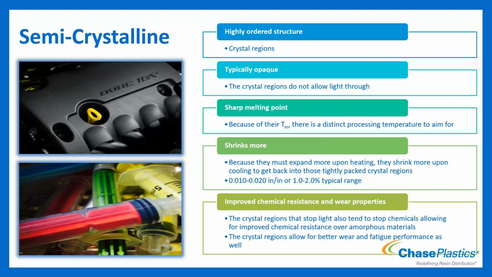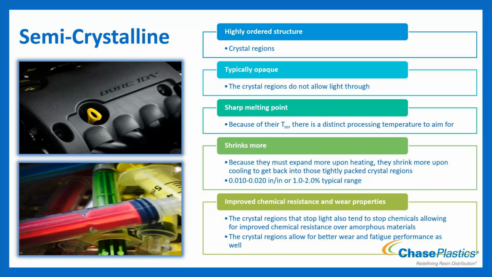And so when you're designing a tool, we want to know if we're looking at a semi-crystalline or amorphous material because it's going to dictate what type of shrinkage we're going to be using. Your semi-crystalline materials are going to shrink more.